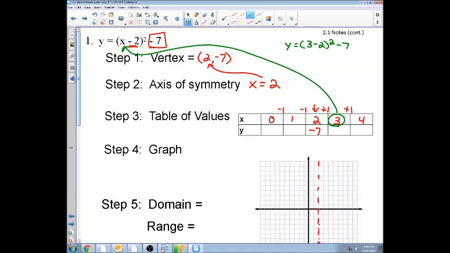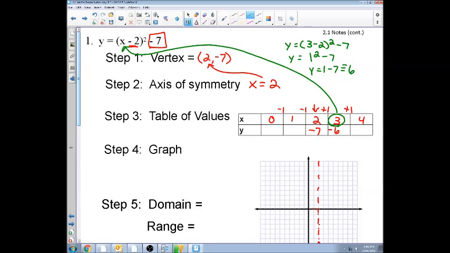Well, what is 3 minus 2? 3 minus 2 is 1, so I'll have 1 squared minus 7. 1 squared is 1. 1 minus 7 would be 6. So my y value, when x is 3, is going to be negative 6. I'm sorry, I screwed that up a little bit. This is 1 minus 7, so that would be negative 6.